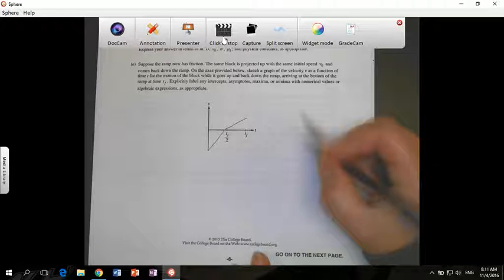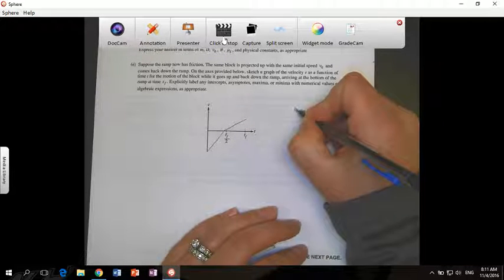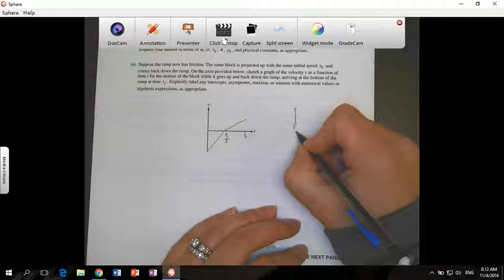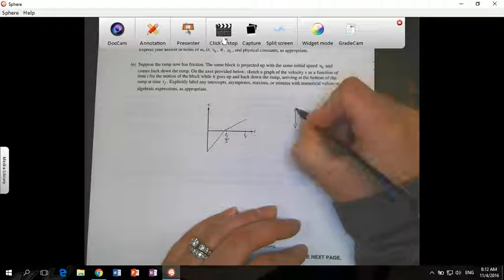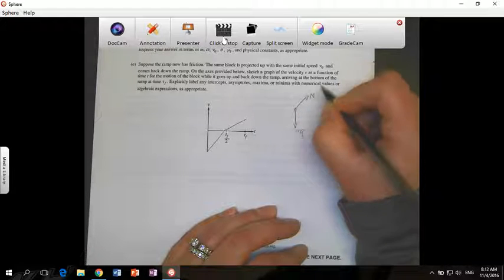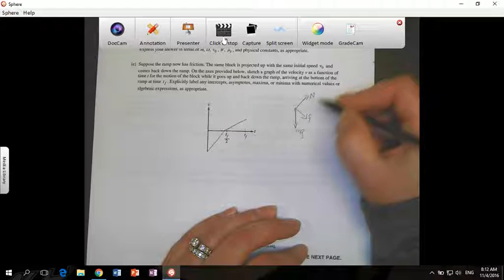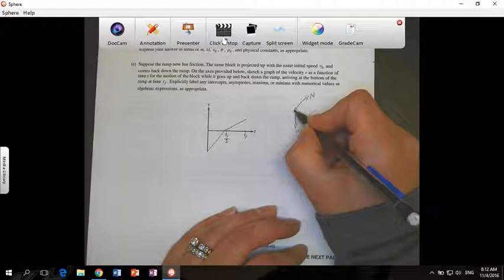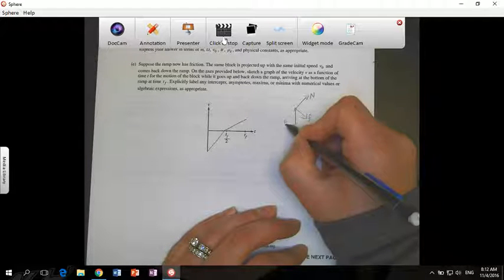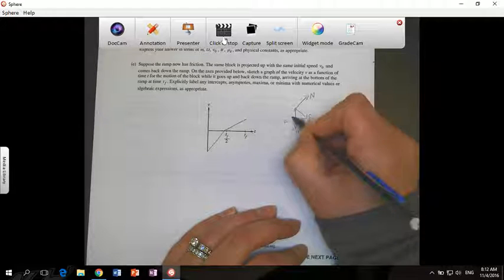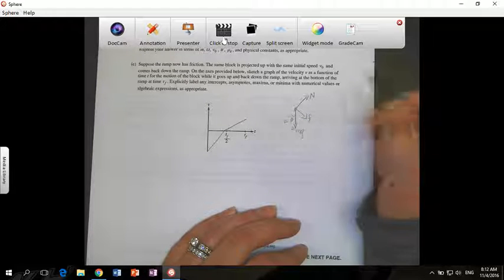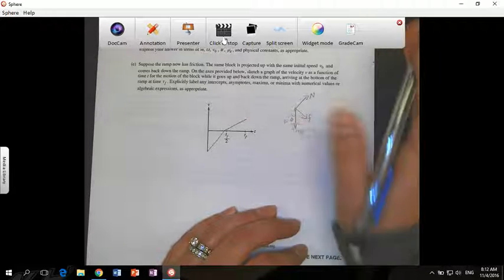So on the way up the ramp, if we were to draw a free body diagram, we would have mg straight down, our normal force perpendicular to the ramp, and friction would be in this direction. If we were to look at that component of gravity again, and again, never draw these on the free body diagrams on the exam, but it's to help us right now.